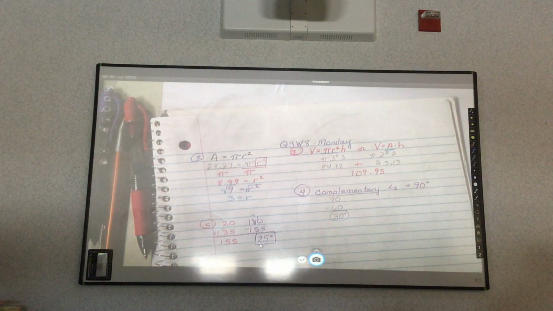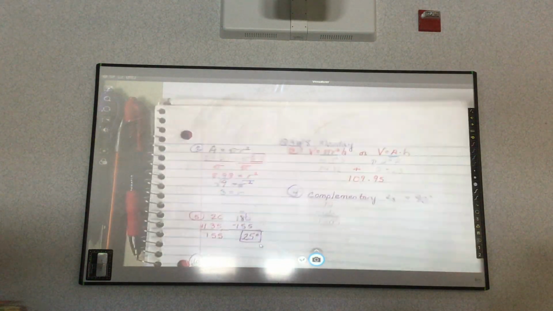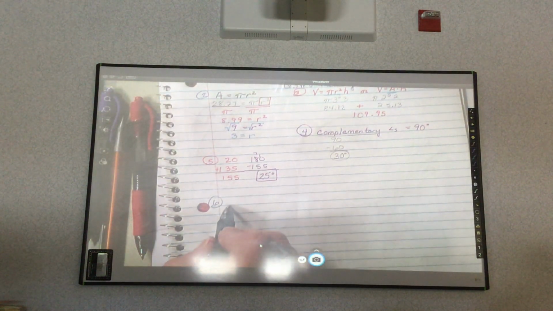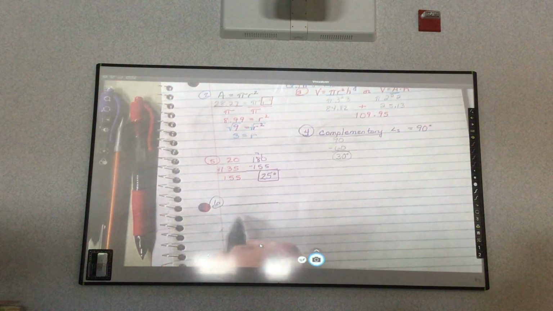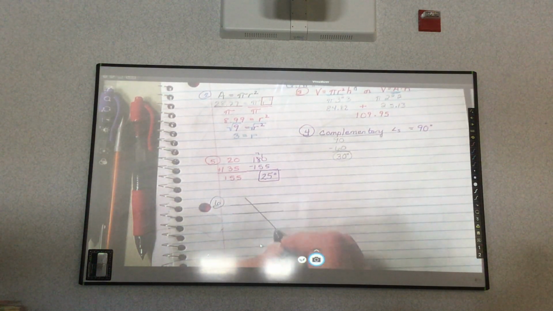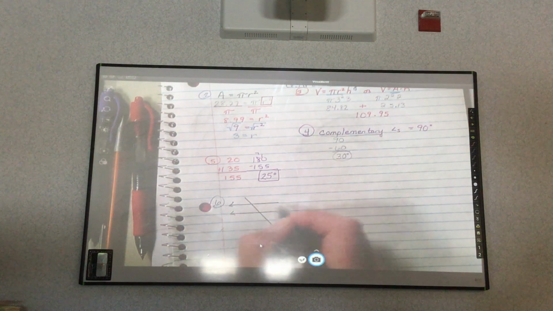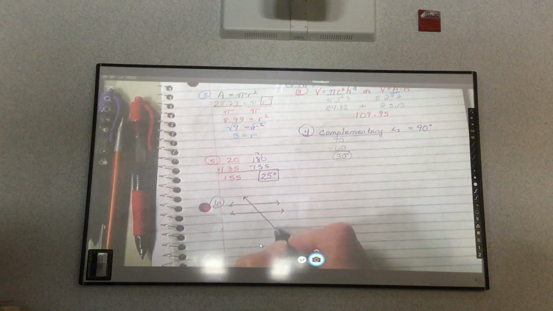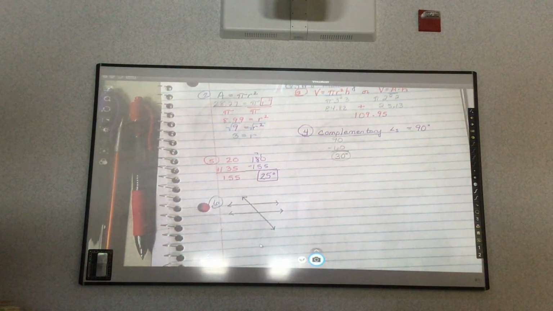For 6, I want you to draw the diagram that is there, because this way you'll have this diagram for later. So we have parallel lines, and we have a line that is intersecting them.